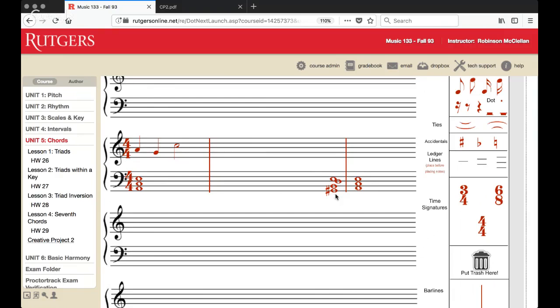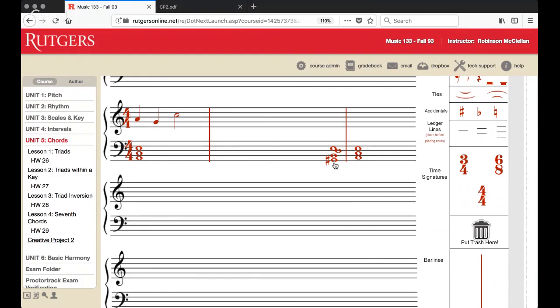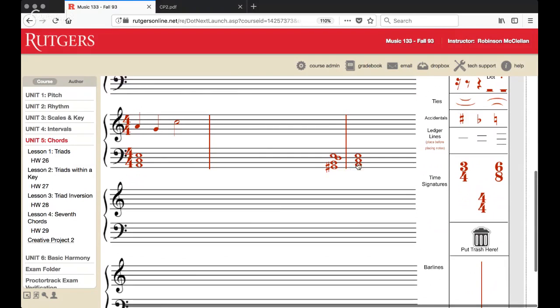And the reason I said you'd think it was really cool is that now in the lowest part, I have my leading tone going to the tonic. And that shows you really clearly that melodic principle that you practiced in Creative Project 1 now manifested in chords.